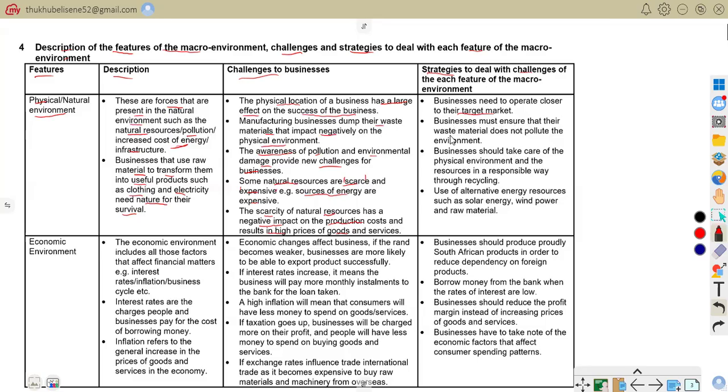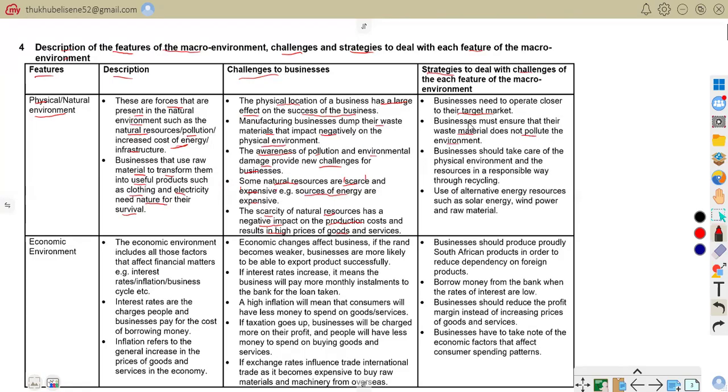Business must ensure that their waste materials do not pollute the environment. Because, as you have said, if ever you pollute the environment, customers want to deal with businesses that are eco-friendly. So make sure that as a business, you ensure that the waste material does not pollute the environment.